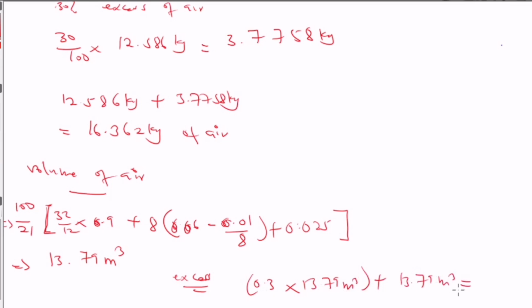When you do that correctly, 0.3 times 13.79, we are going to get 4.137 meter cube plus 13.79 meter cube. So in that case, your answer will be 17.927 meter cube. Thank you very much for this video.